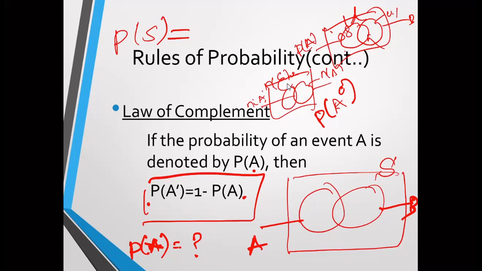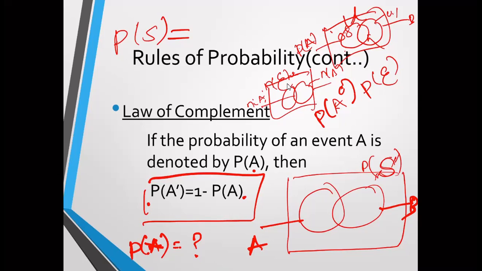Now my question is, if we have used a Venn diagram with probabilities, then what would be the probability of the universal set? In this case, we have used capital S, the sample space. Then what is the probability of this? You should remember it. The probability of the universal set is always equal to 1. That is the total probability. I will teach you those things later, but for now you have to remember the probability of a universal set is always equal to 1.